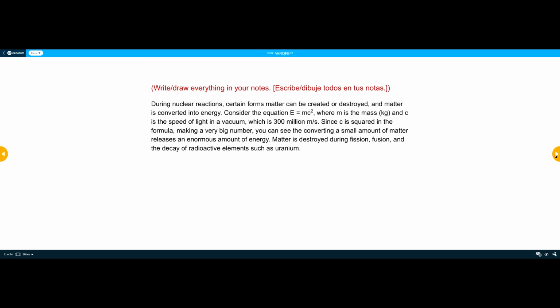Since c is squared in the formula, making a very big number, you can see that converting a small amount of matter releases an enormous amount of energy. Matter is destroyed during fission, fusion, and the decay of radioactive elements, such as uranium.